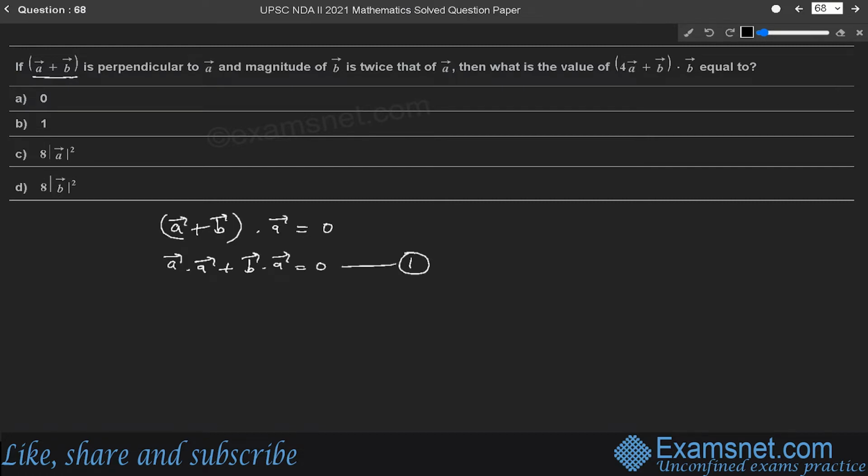Let this be equation number 1. And it is also given in the question that magnitude of B vector is twice that of A vector. So it means that B vector is twice of A vector. We have to find the value of 4A vector plus B vector dot B vector.